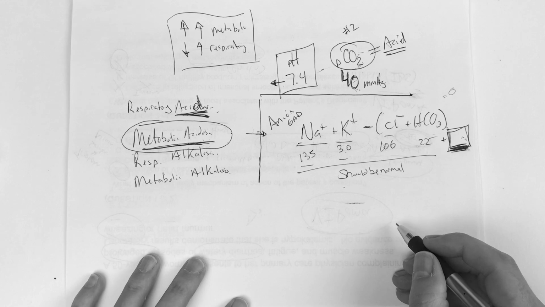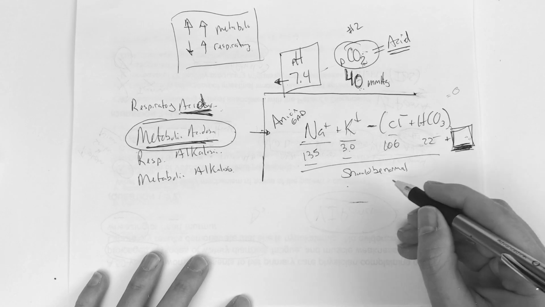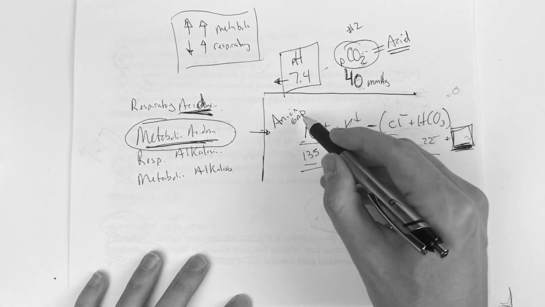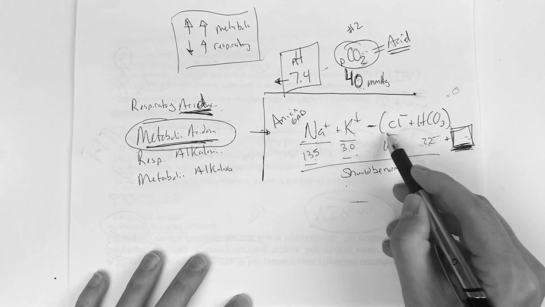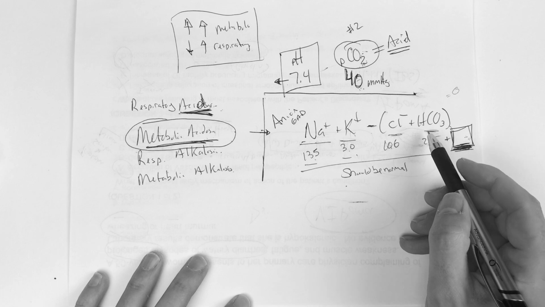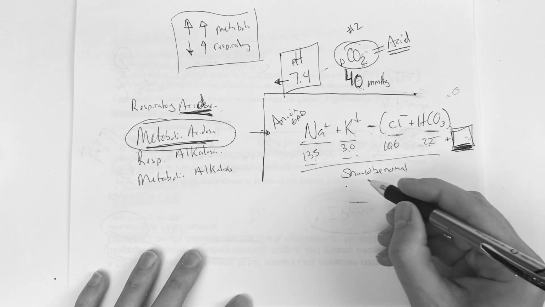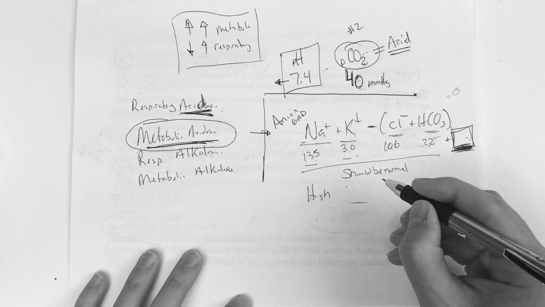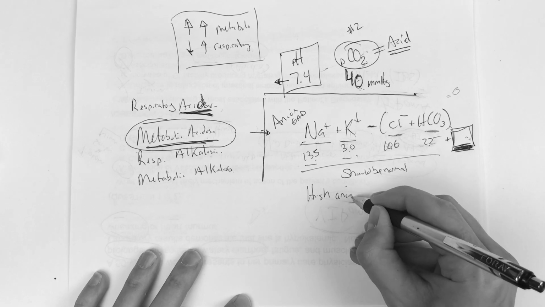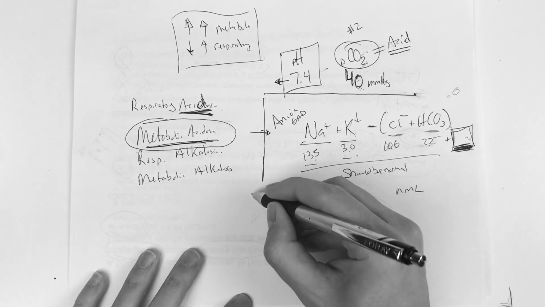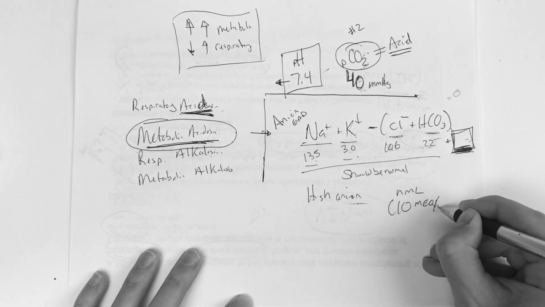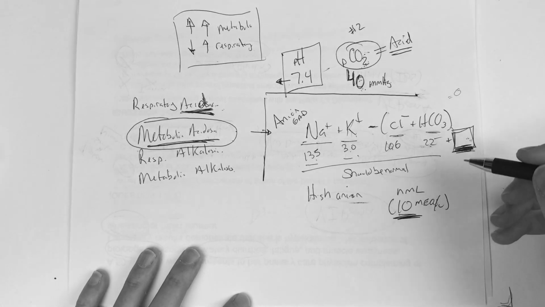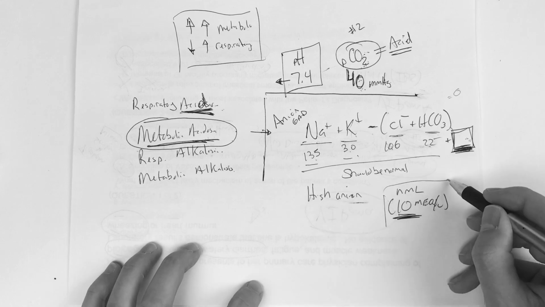When we calculate this, and they would have to give you these numbers on the exam, when you calculate sodium plus potassium minus the chloride and bicarb, you're either going to get a high anion gap or normal. Normal, I like to think of as 10, they call it 10 milliequivalents per liter. So after you do all these calculations, you should be around 10.